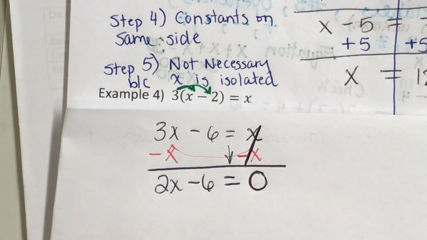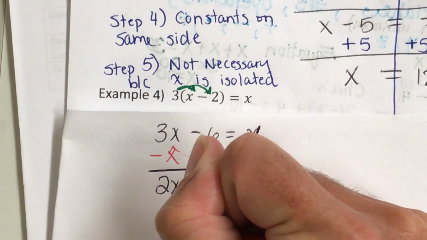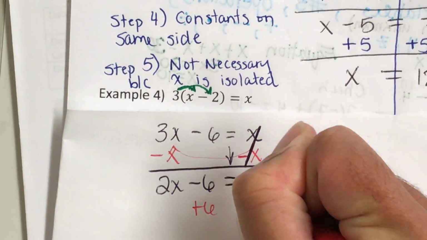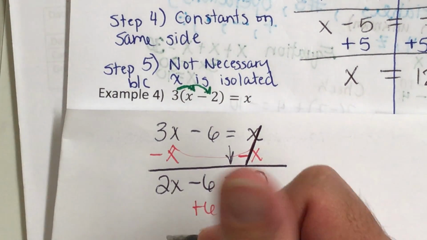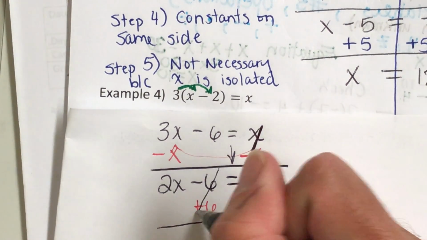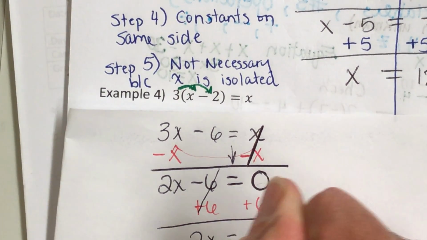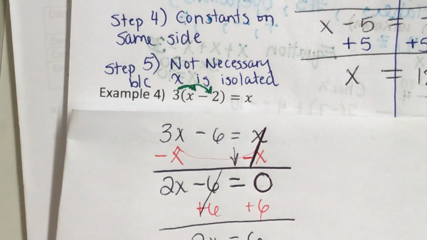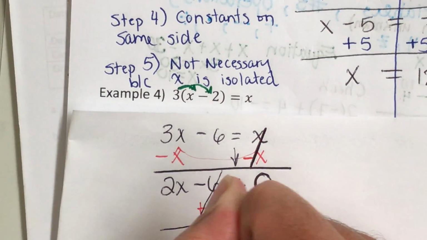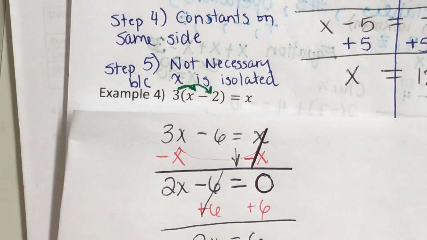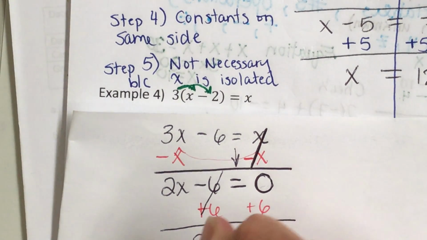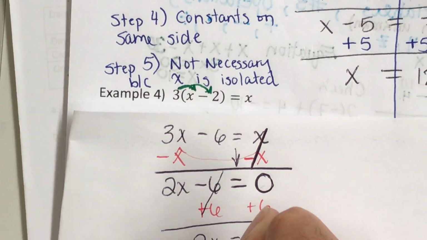So now I'm going to get my constants together. So now I'm going to add the 6 to the 0. And I have 2x is equal to 6. Then I'm going to divide by 2. And 6 divided by 2 is 3. So there we go.